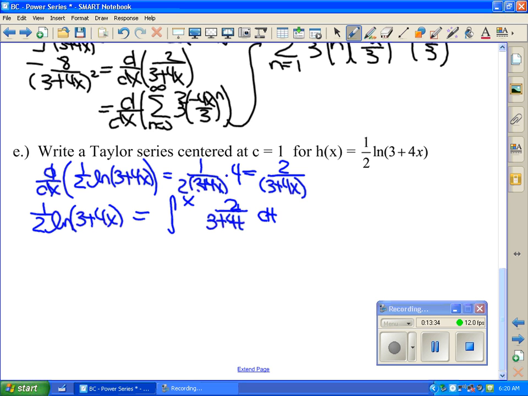I'm going to put an x on top because then I get my ln of 3 plus 4x. But I need to put a value on the bottom so that when I subtract my second half, I get 0. Now, ln of 1 equals 0. So the value of x that's going to make this 1 is negative 1/2. So that has to be my lower bound as a result.